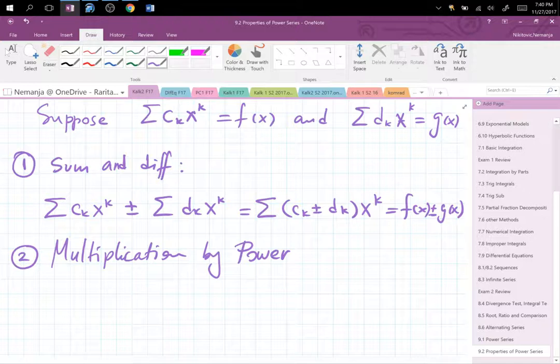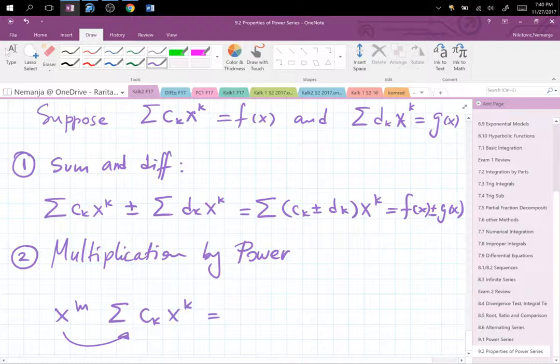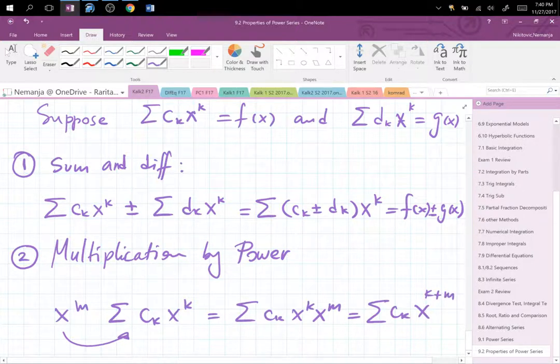So if I have x to the m in front of a power series c_k x to the k, I can bring this one inside as c_k x to the k times x to the m, and then we know that the exponents just add, so k plus m.